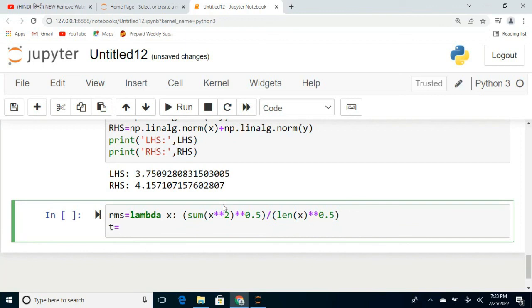And then we will write t is equal to np dot arange, the spelling of arange, inside the square bracket we write 0, 1, 0.1, comma 0.0001.